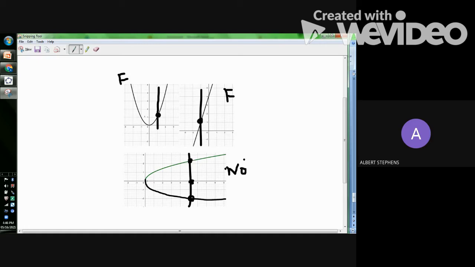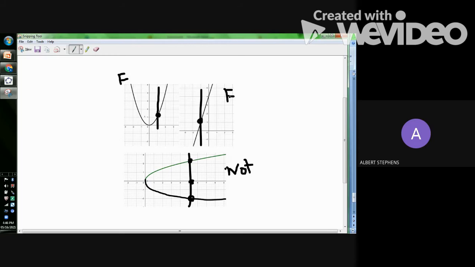All right. If you draw a vertical line through the graph, and if that vertical line cuts the graph at only one point, then that relation, that graph, is a function. So you notice that I would have drawn a line through this curve here. How many places does this line cut the curve? 1.